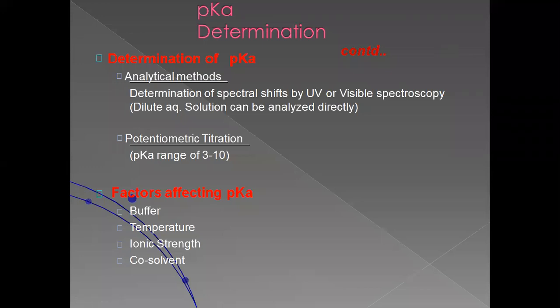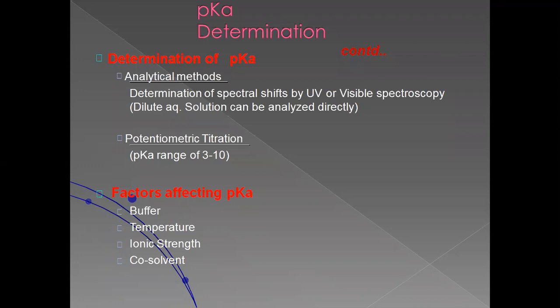When we are starting the determination of pKa, that is the ionization constant, the preferred analytical method is the determination of spectral shifts by UV or visible spectroscopy, since dilute aqueous solution can be analyzed directly.